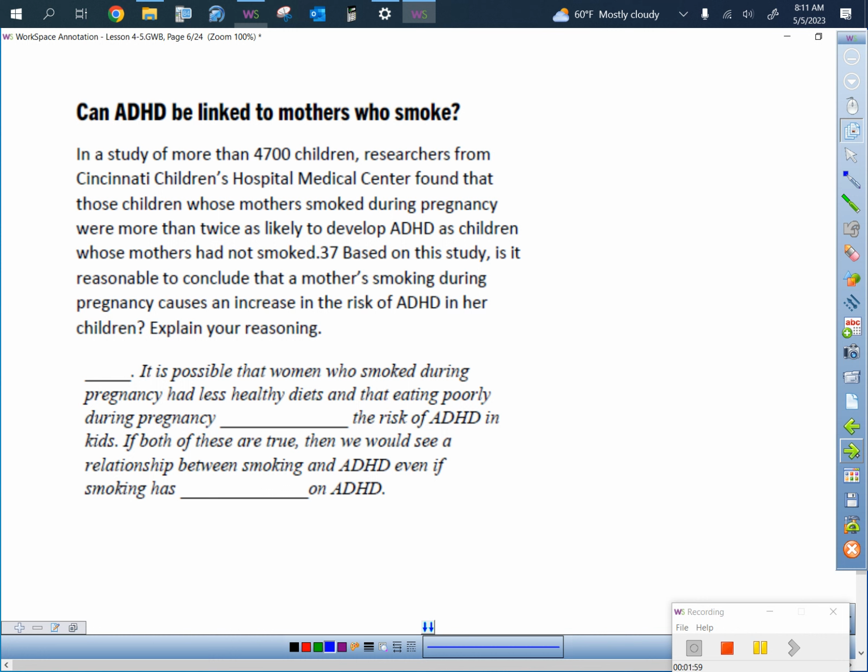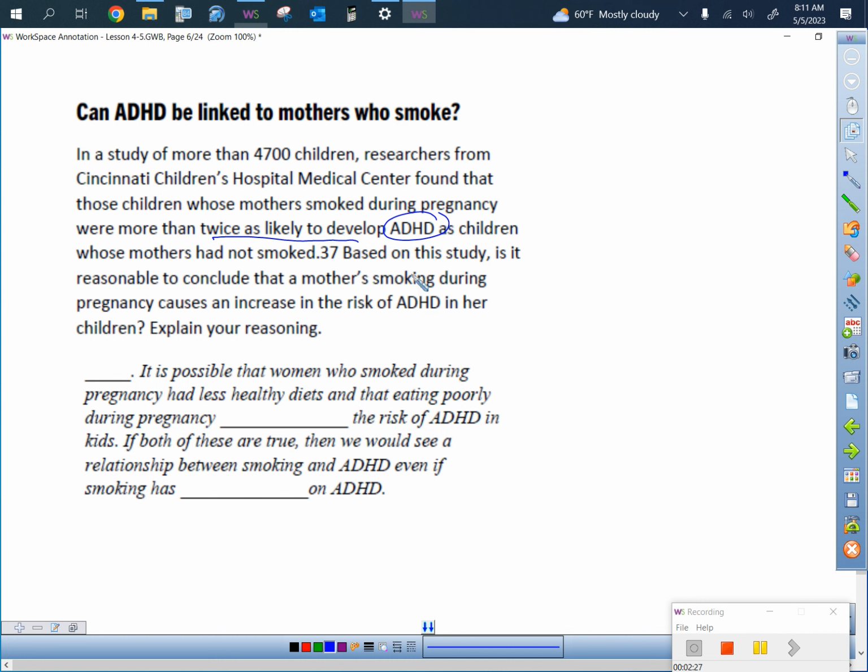All right, can ADHD be linked to mothers who smoke? You guys know what ADHD is, right? Attention Deficit Hyperactivity Disorder. In a study of more than 4,700 children, researchers from Cincinnati Children's Hospital Medical Center found that children whose mothers smoked during pregnancy were more than twice as likely to develop ADHD as children whose mothers did not smoke.